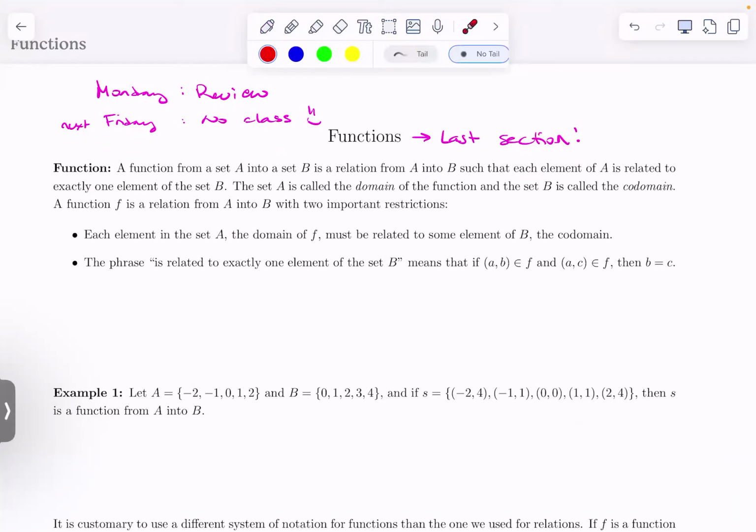So if you have questions about test 2, maybe we'll just hold off until Monday when we do our review class. And then you'll have a chance to review your test and bring some questions for the review class on Monday. And we said, because we're going to squeeze functions in today, which is our last section, which is also the only new thing that you haven't been tested on for the final exam, right?